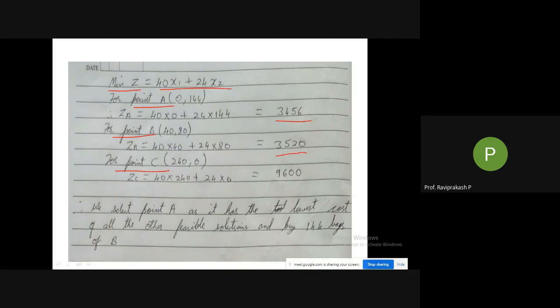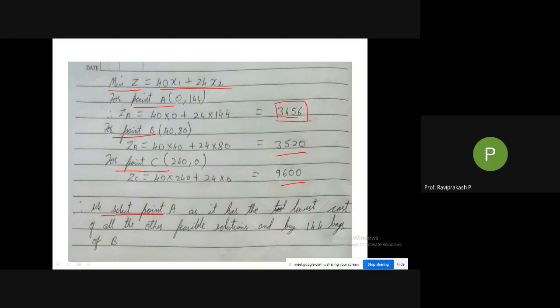So I am getting the values 3456, 3520, and 9600. So out of these three, which one is smallest? Yes, students, which one is smallest? 3456.